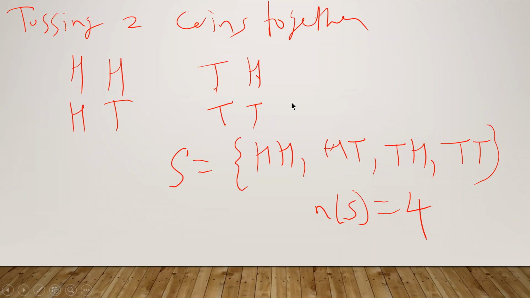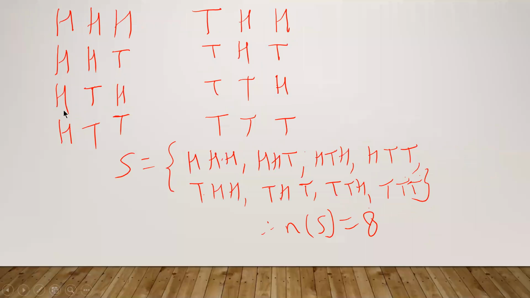Now, if you remember in the homework, I had asked you to write down the sample space of the random experiment of tossing three unbiased coins together. See here. Some students have shared this with me and they could not do it properly or correctly. So let me tell you how to do that.